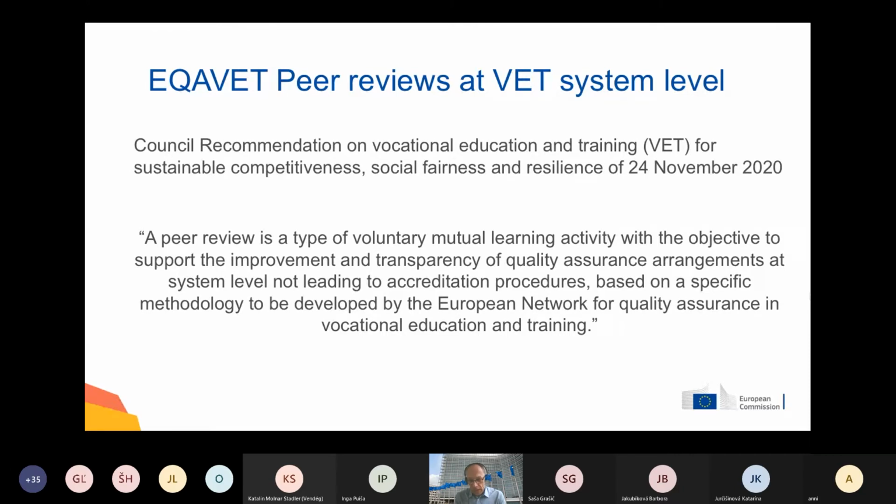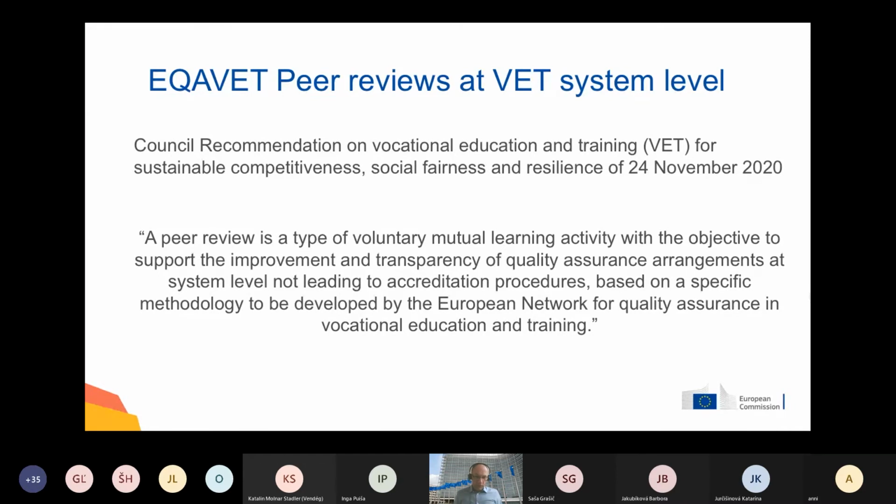And now we, as the EQAVET network, have received the mandate from the ministers to develop a specific methodology to carry out these peer reviews at system level. What I will present is a concept, a draft, so it is not yet a final methodology. This concept has been elaborated by the EQAVET Secretariat, which has proposed a first draft, and also based on discussions we have had in the EQAVET network. For those who were part of our EQAVET network meeting in December last year, we already had a session on this topic of peer reviews at system level.